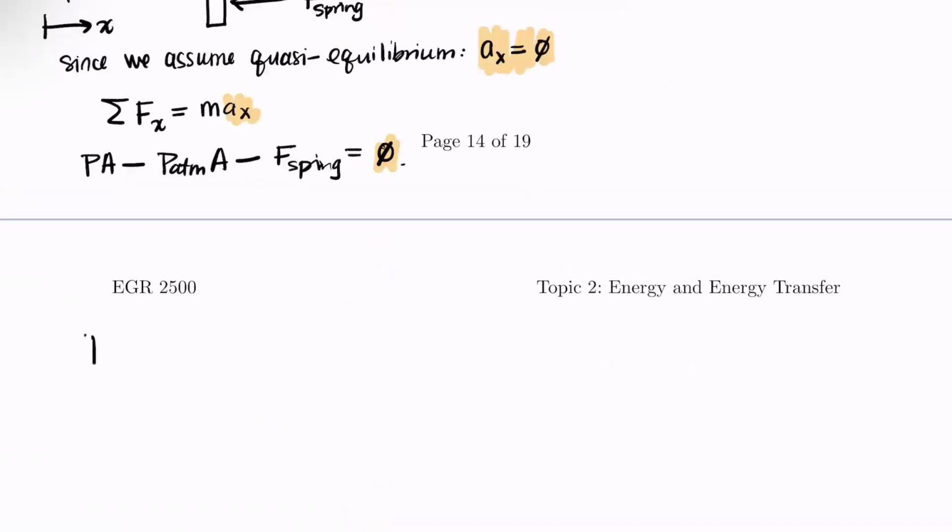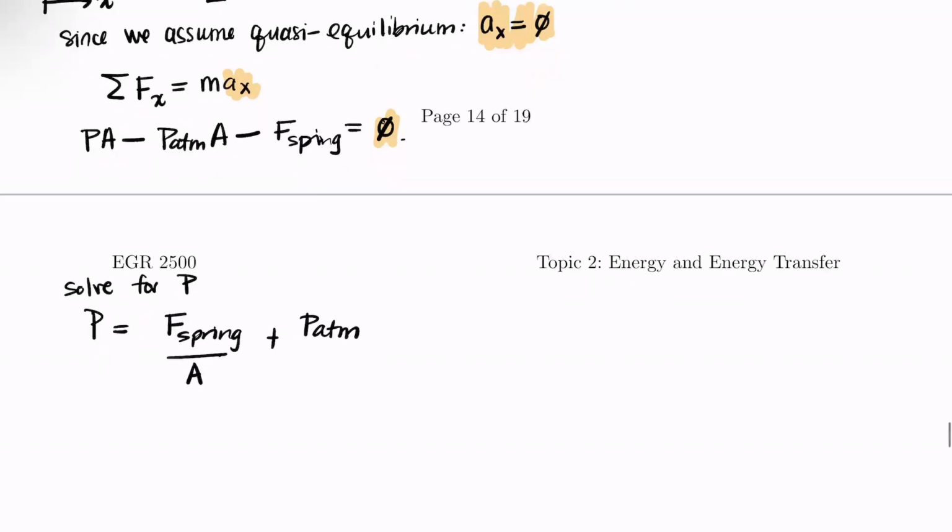So solve for P. The pressure is then equal to F of the spring, so force of the spring divided by A plus P atmosphere. All right, so we have our expression now for pressure, and we want to find P1 and P2.